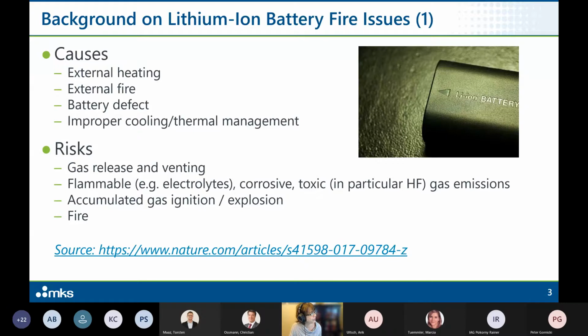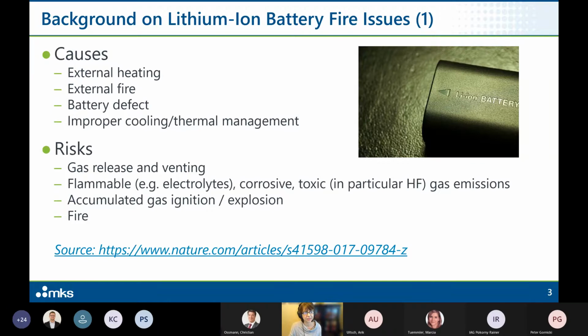This was more of an issue, I think, 4 or 5 years ago, when certain cell phones were not allowed on planes, if you remember, because they had certain issues. That's why there's been a lot of R&D to determine the behavior of batteries under stress, whether internal, and also quality control. Improper cooling and thermal management could also be a cause.